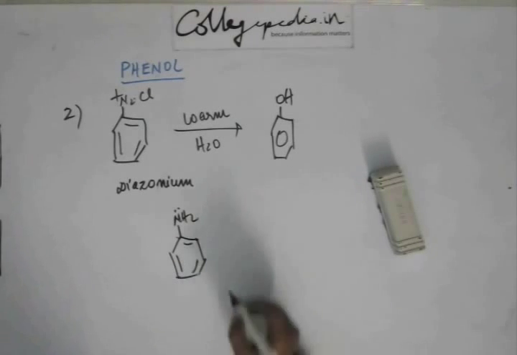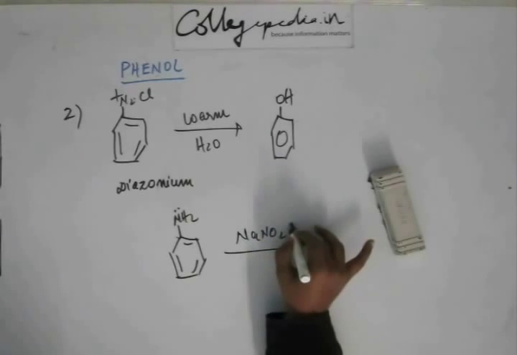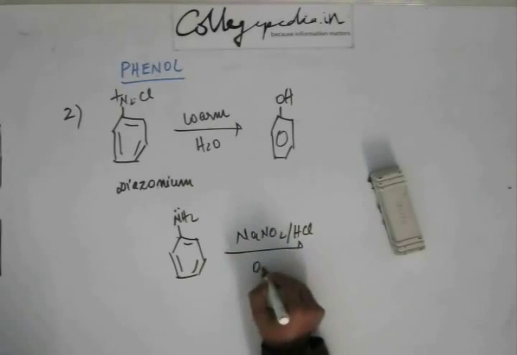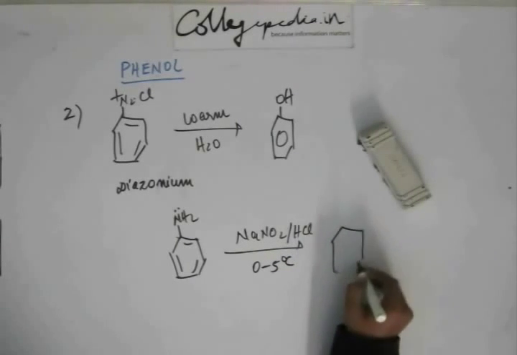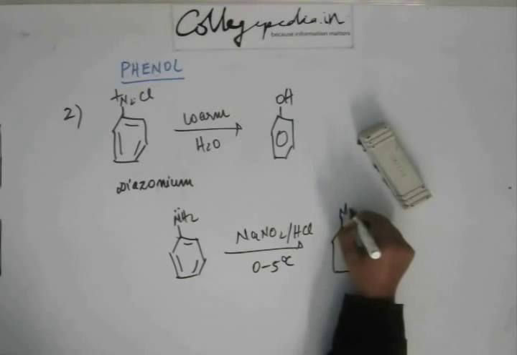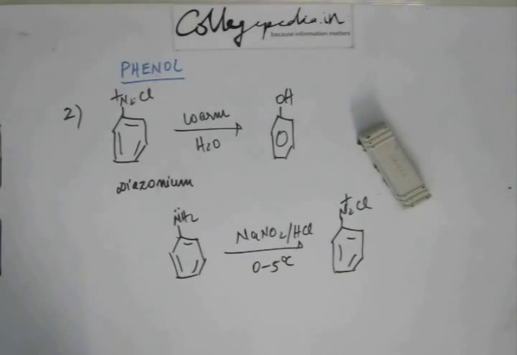We have a reagent, and that is sodium nitrite along with HCl. We keep the temperature very low. Now this reagent gives us this benzene diazonium salt.